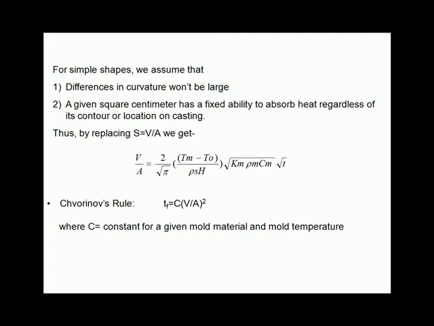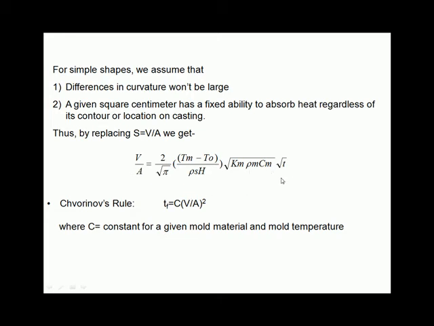Now for simple shapes, we assume that the difference in curvature won't be large, and that a given square centimeter of mold surface has a fixed ability to absorb heat regardless of its contour or location on the casting. With this approximation, I can replace S with V by A, where V is the volume solidified at time t and A is the area of the mold-metal interface. So S is equal to V by A, which is equal to 2 by root pi into this.